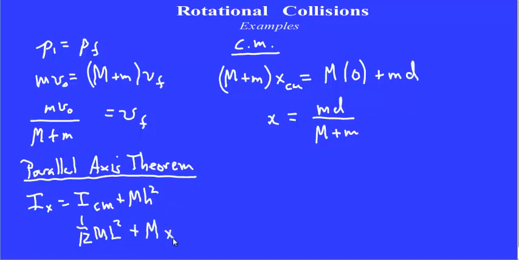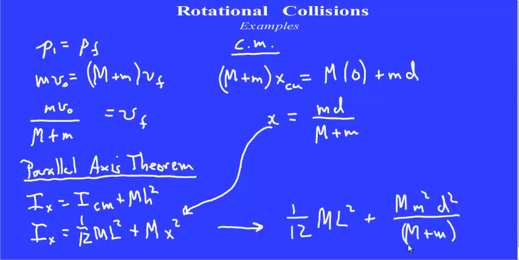And in this case, the new center of mass is a distance x away from that geometric center of the rod. So this is what we're after. And what we're going to do here is substitute this x in right there. I'm going to spare you the algebra in the interest of time. So we've now applied our third equation to this system.